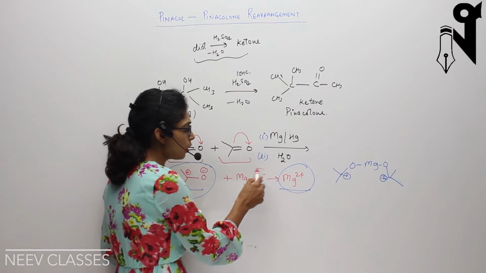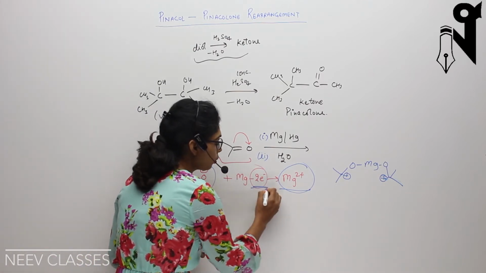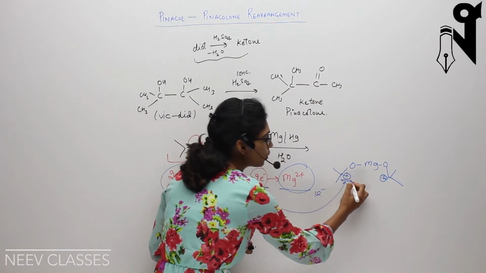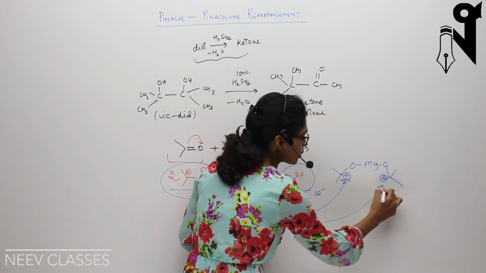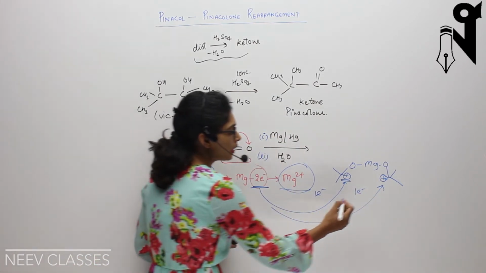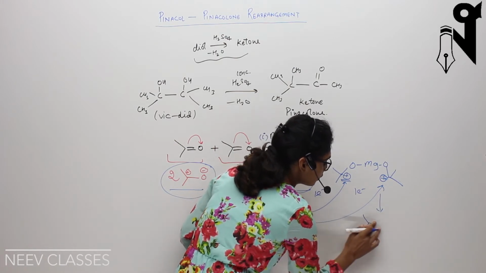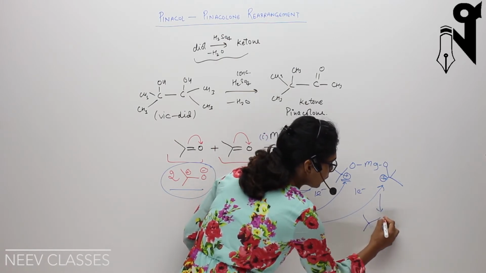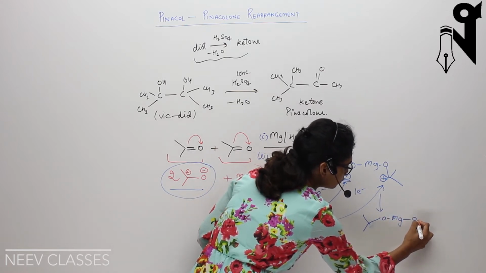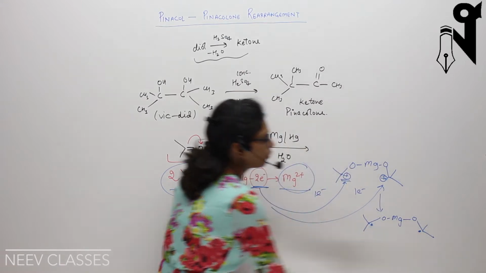Now of the 2 electrons released by magnesium, 1 electron will go to this carbon and another electron will go to the other carbon, forming a radical. So this will get converted into OMgO, with a radical over here and a radical over here.